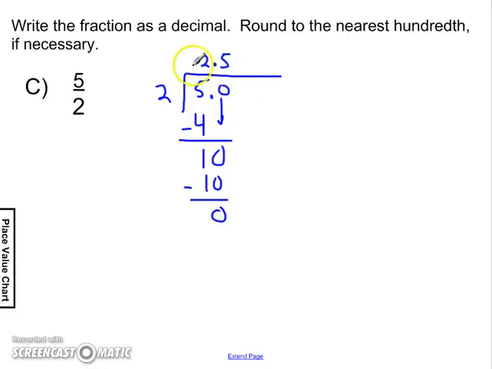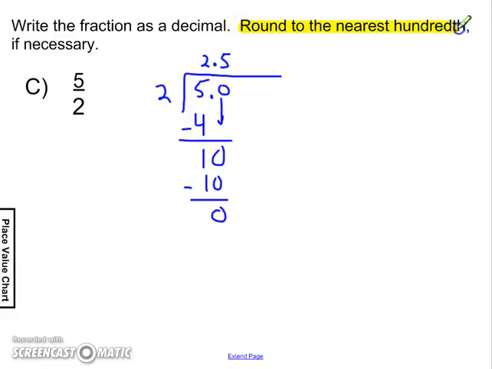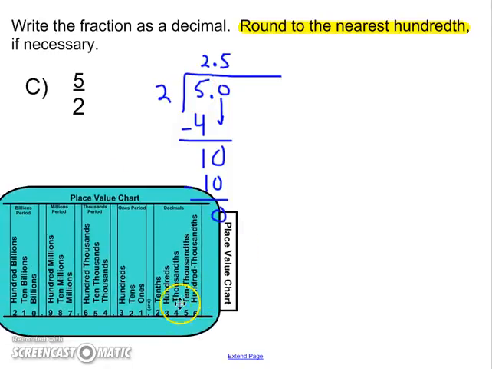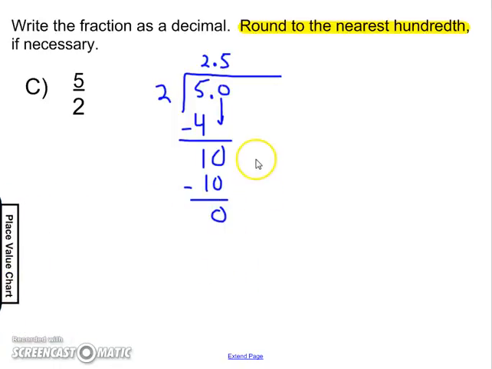So now I have a terminating decimal, but my directions here specifically say round to the nearest hundredth. Okay, well, small sort of issue, because if I look at my place value chart here, and I know it's small, hundredths is 2 decimal places. So I, in my answer, should have 2 decimal places.